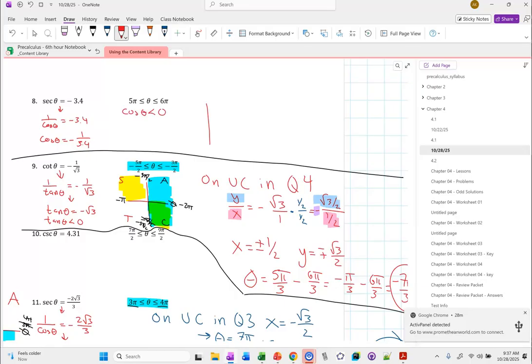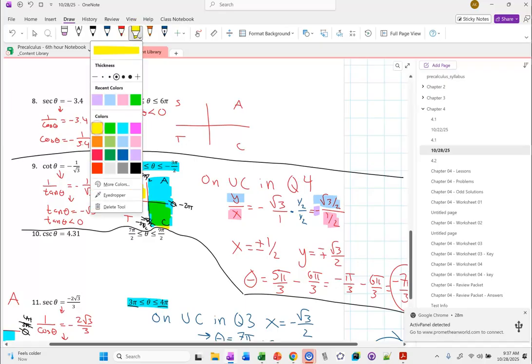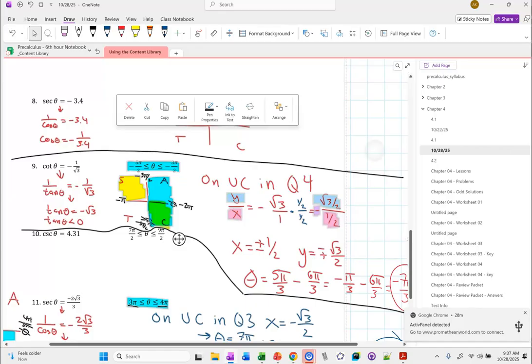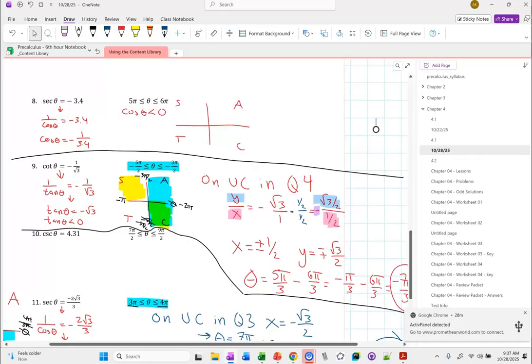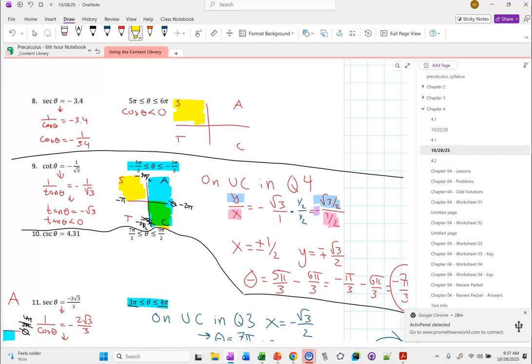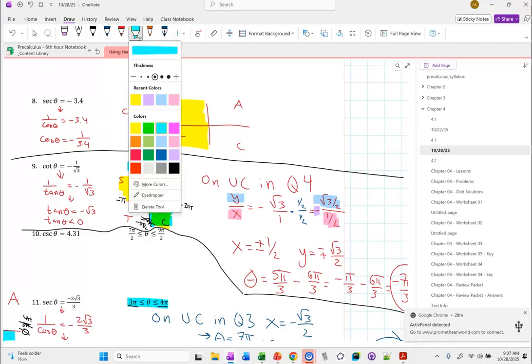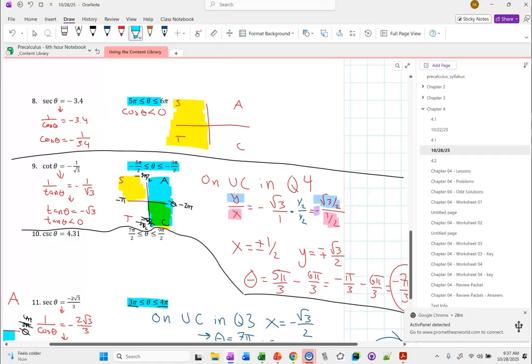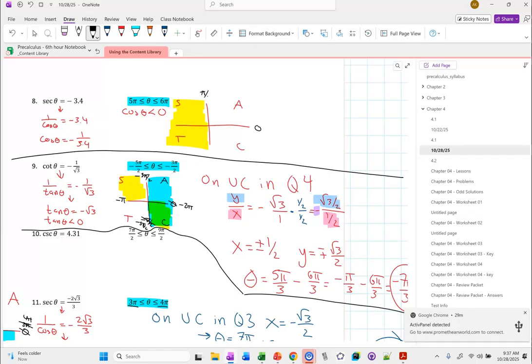So I know cosine is negative because it's negative 1 over 3.4. So where is cosine negative? Over there. Then we'll look at 5 pi to 6 pi. Since this is positive, we're going to be counting counterclockwise.